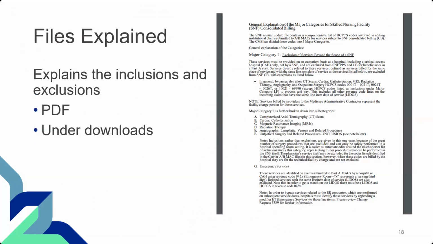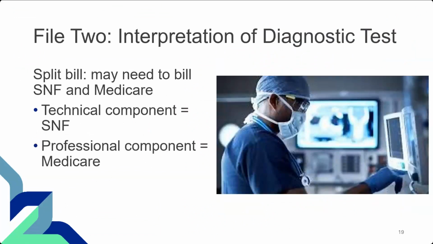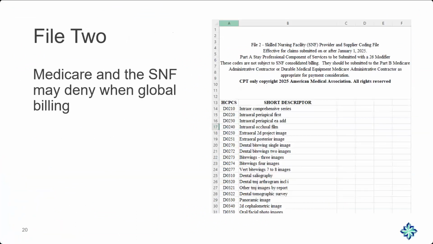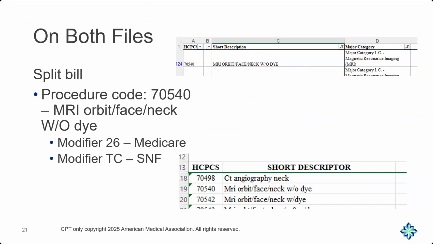We talked about the file explained. We then moved on to file 2 and the Part B files. We talked about that, showed you the header up on the top. We then moved on to a little bit more of information on how to read it. Talked a little bit about that. We looked at the code that was on both of them. This is the 70540. How to bill those and how to make sure they're getting billed correctly.